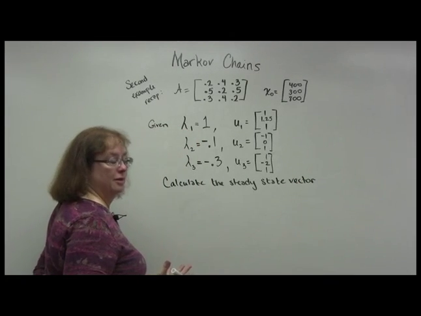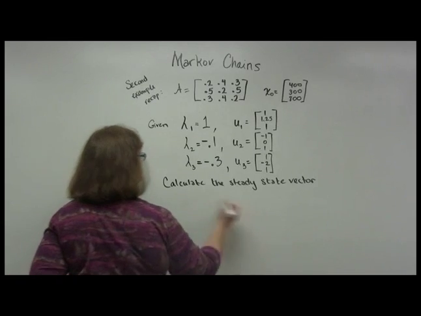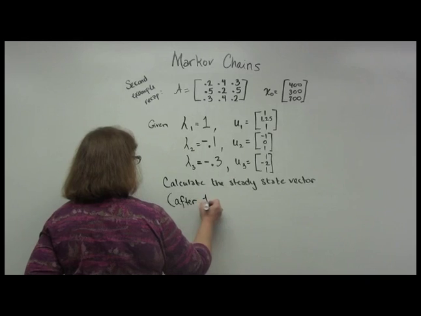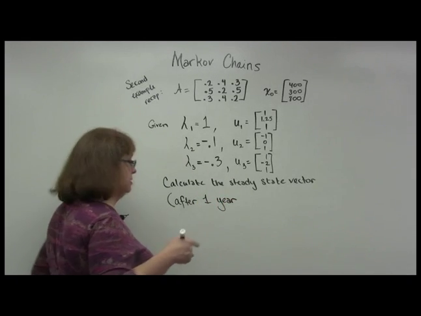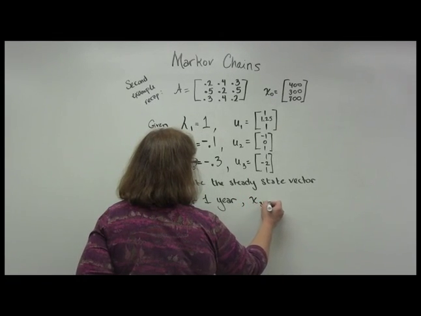And maybe we're just talking about after a specific amount of time, maybe after a year. Now, if you remember, our units of time in this problem were days. So after 1 year, we would be looking for x sub 365.